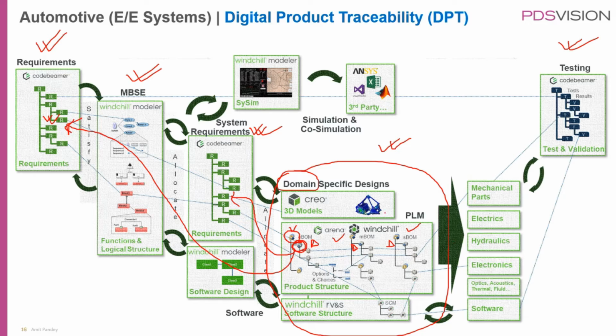We will not look at the propagation on the digital thread within Windchill, but how a suspect from Codebeamer is handled on the Windchill side.